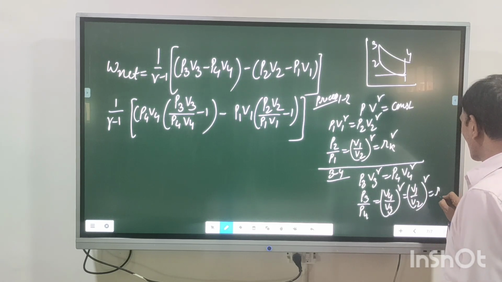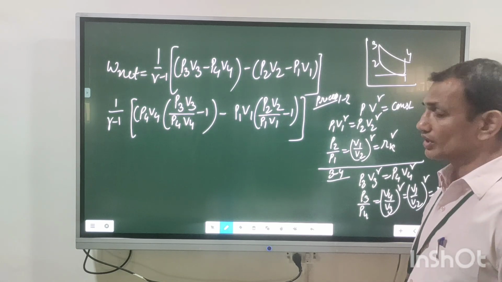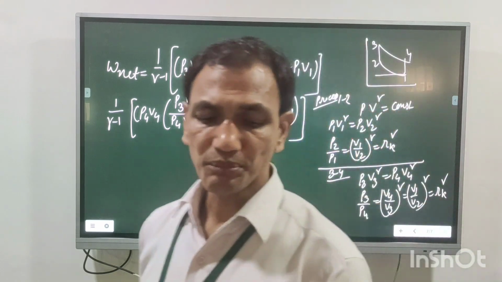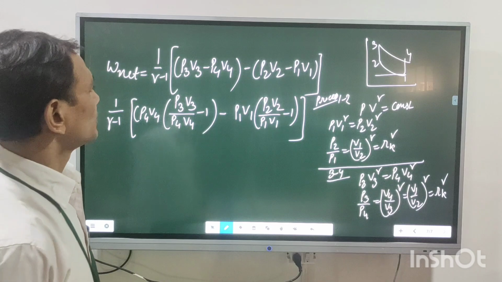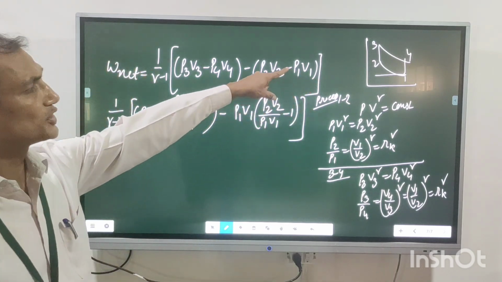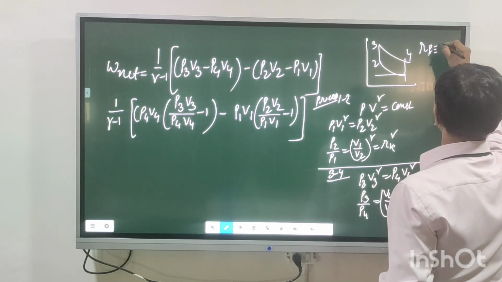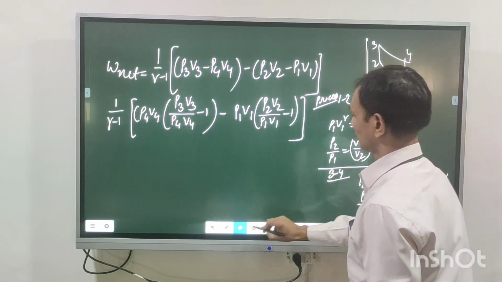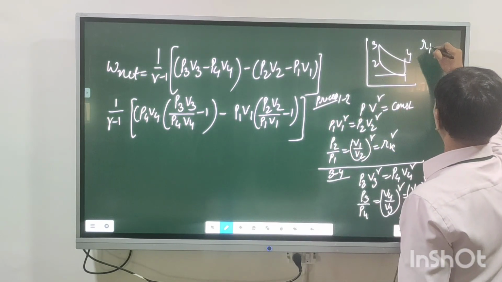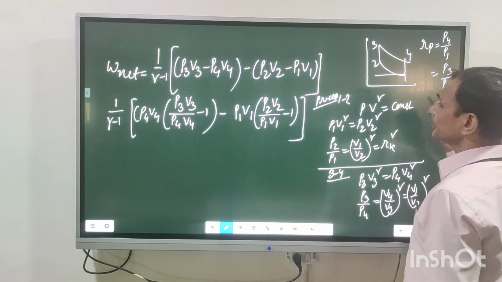This is also compression ratio to the power gamma. Now put the value of P1, P2 in the expression, and here we know one thing more. Pressure ratio RT is equal to P4 by P1 and P3 by P2.